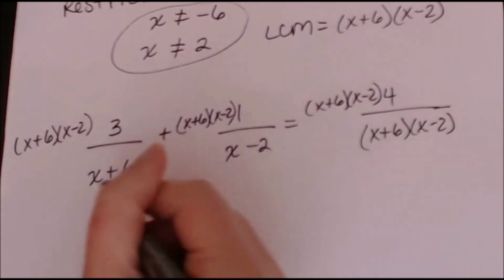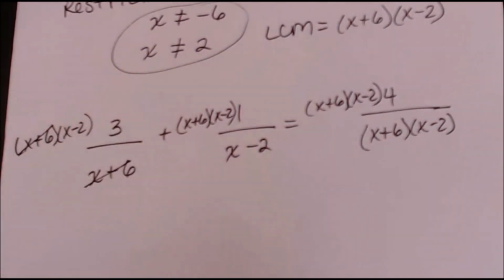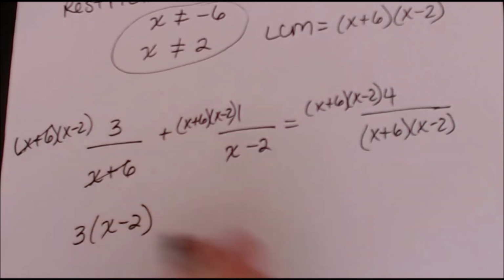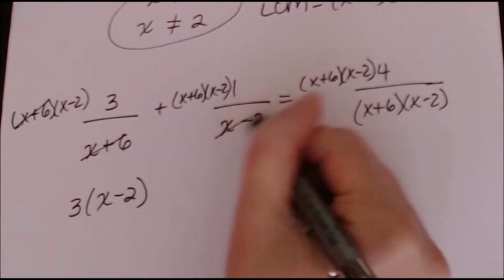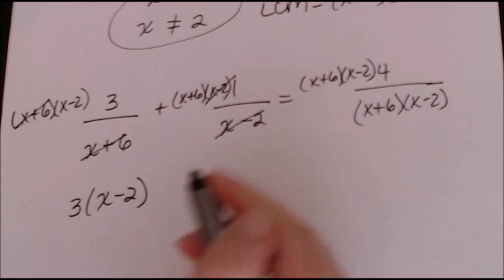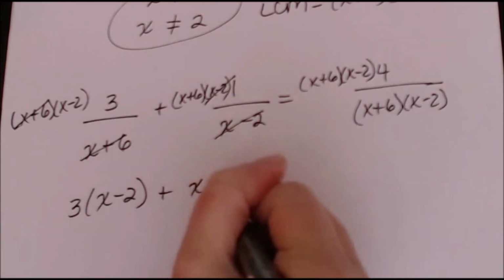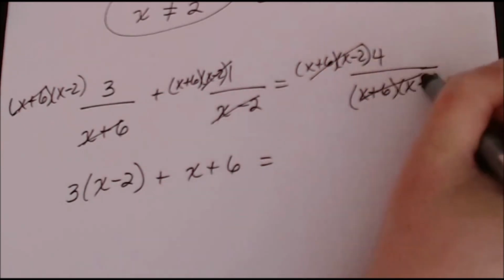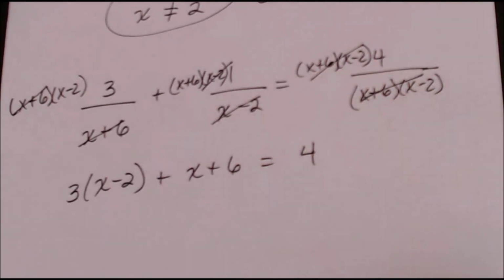So in the first expression, the x plus 6's divide out. So I'm left with 3 times the x minus 2. The second expression, the x minus 2's divide out, and I'm left with x plus 6 times 1. The last expression, everything divides out. That's nice, so we're just left with 4.